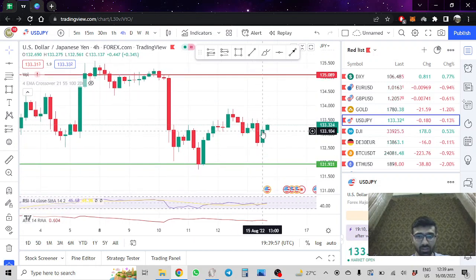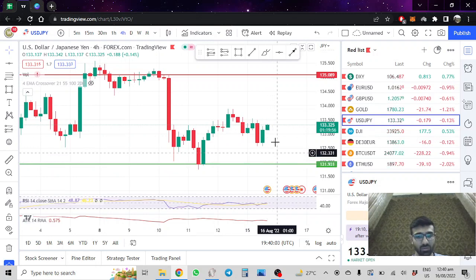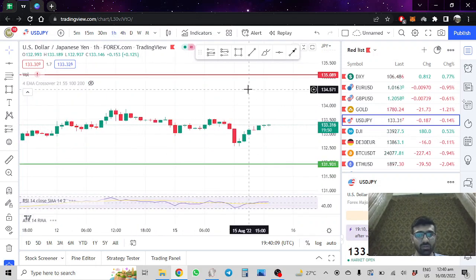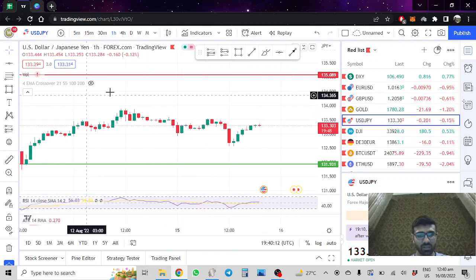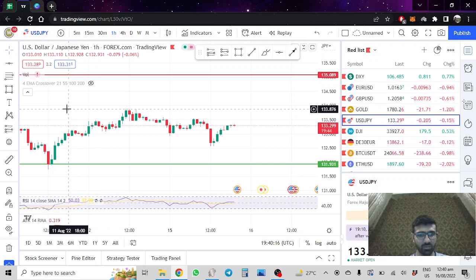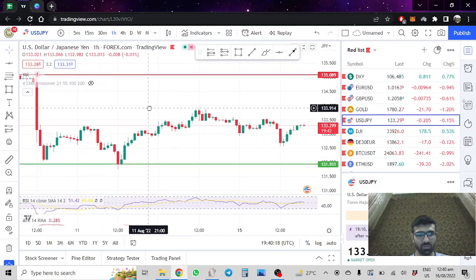So let's wait. If the market comes down to this area and respects it, we are gonna go for a long trade. But currently we are just waiting for the market in H1. We do not see enough movement in the market, even in the H1.